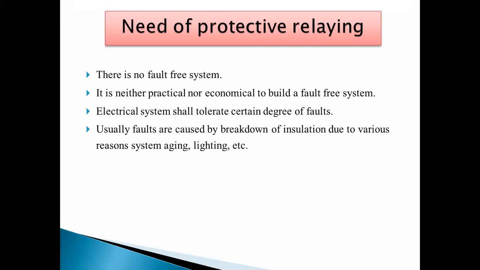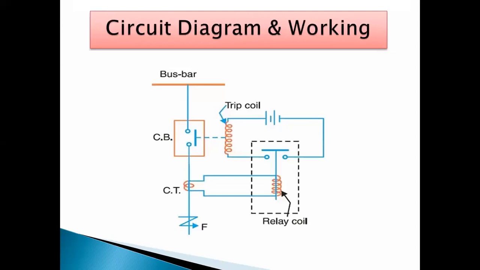Okay, then this is the basic circuit diagram of the relay, how actually the relay works. Definition and working of a relay is also asked in examination. So define the relay and the working principle of the relay. So how actually does this relay work?